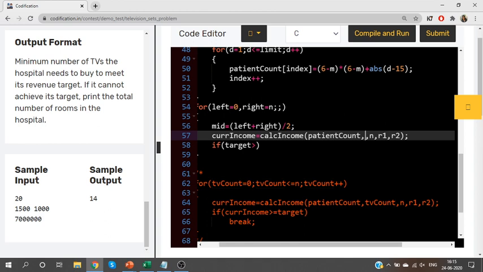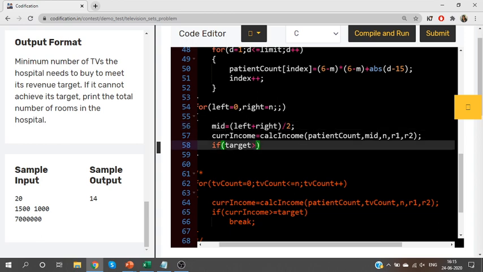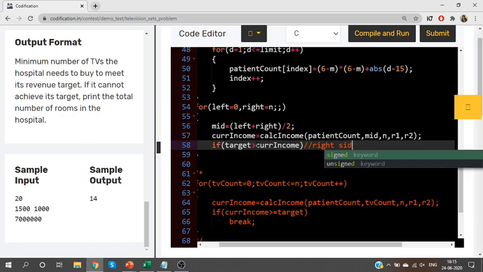So TV count is determined based on the middle value. If I choose 10, I work with 10. So if your target is greater than current income, go to the right side.